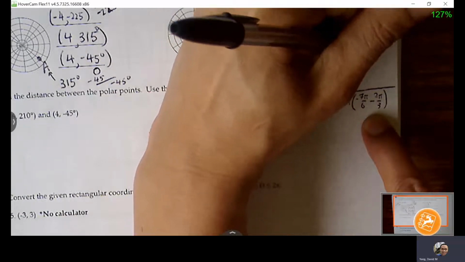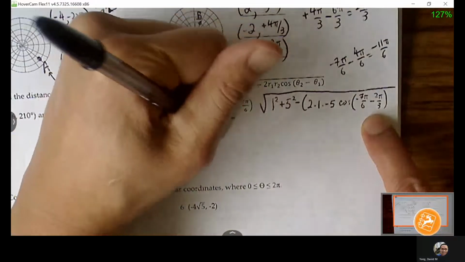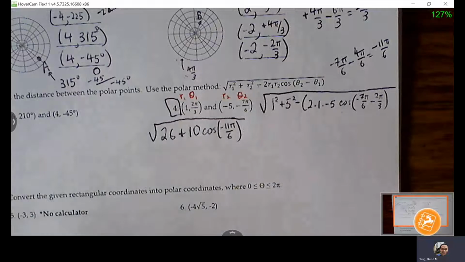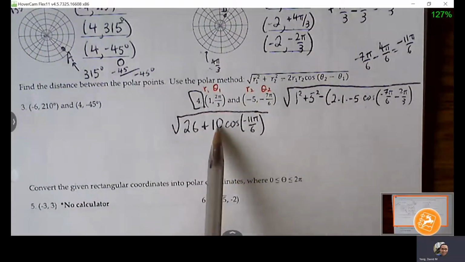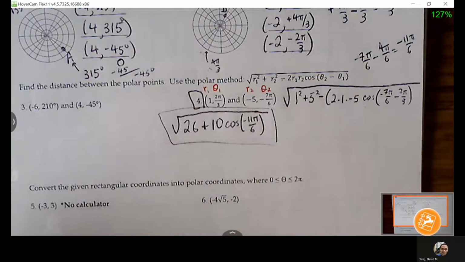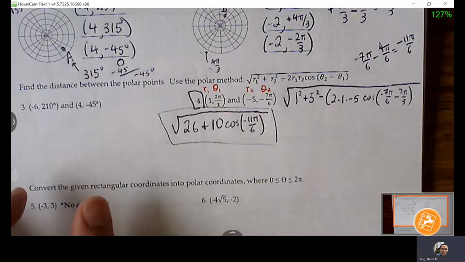So that gives me negative 11 pi over 6. Okay, you leave it in this form.